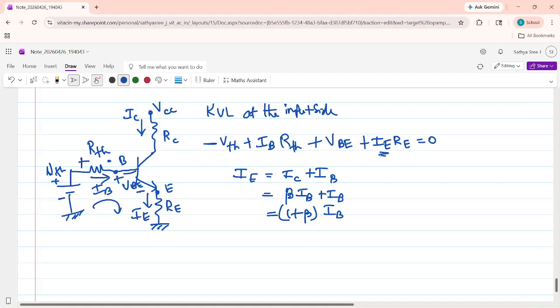So instead of IE, I can replace it with 1 plus beta IB. So minus VTH plus IB, IB is common, which is RTH plus 1 plus beta RE, plus VBE equal to 0.